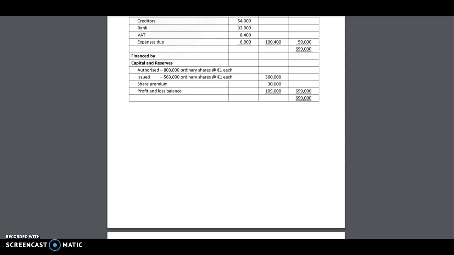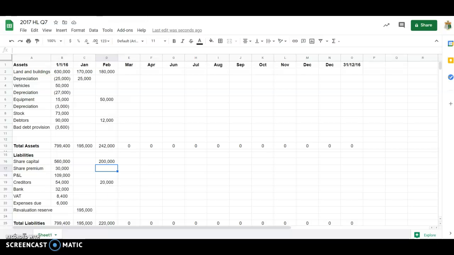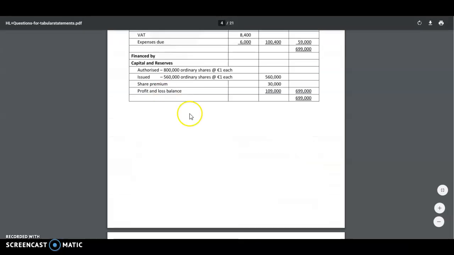And what else is going on? That's at a premium of 20 cents per share. Okay, so we're not saying the shares actually are worth €1. That's like their nominal value. We're saying they're worth 1.20. Okay, so the 20 cents that's going to be recorded in share premium.